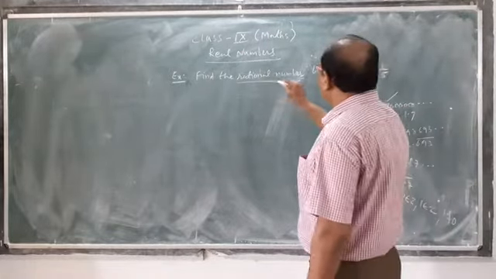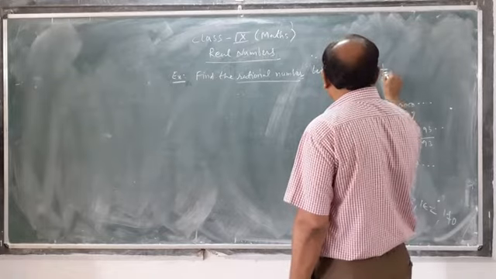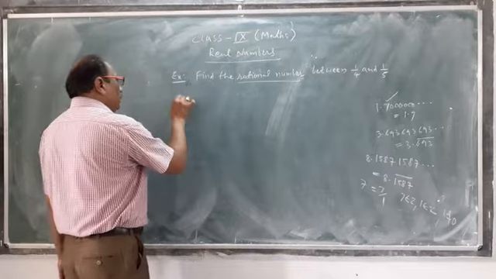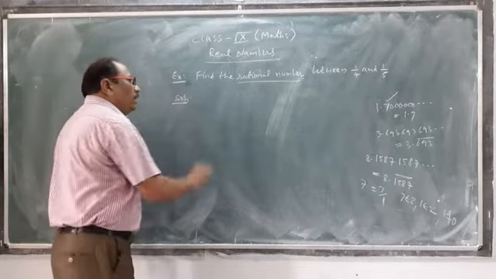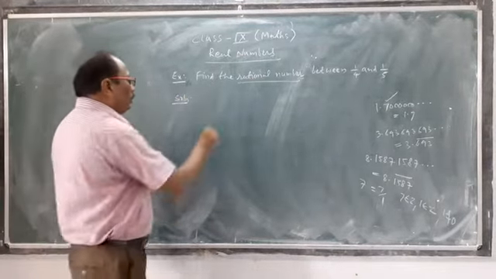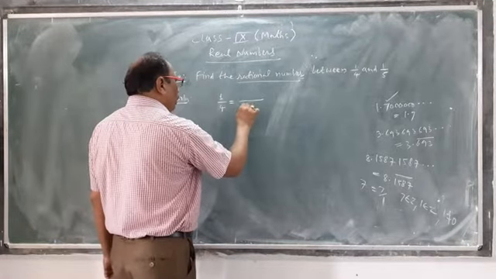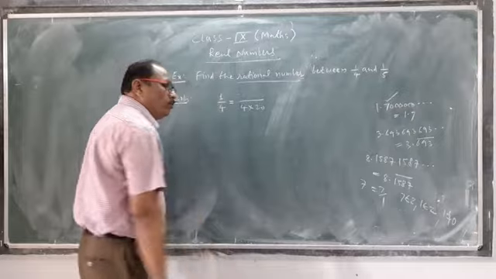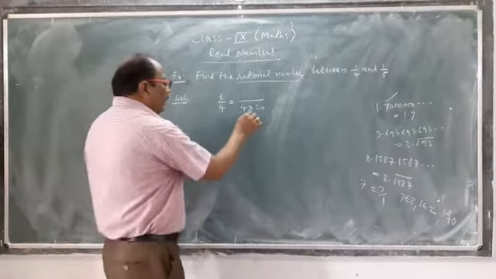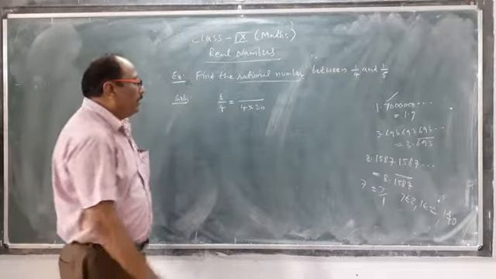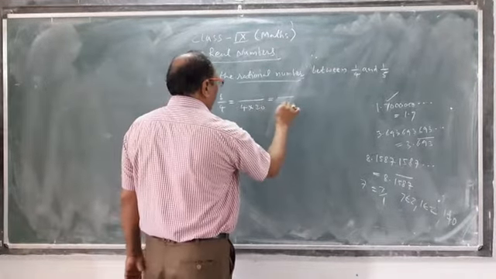We have to find the rational number between 1/4 and 1/5. Here, one method is there. We have to equate the denominators. 1/4: we can write 4 into 20, multiplied by 20, here we will get 80.